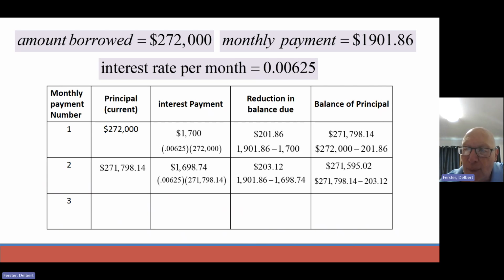Okay, third and final for us, we're going to wind up with a new balance of $271,595.02 as a result of what happened after month number 2. You know they're going to take their interest chunk first. So they're going to take that same number times 0.00625. So of that third monthly payment of $1,901.86, $1,697.47 straight off the top for interest.